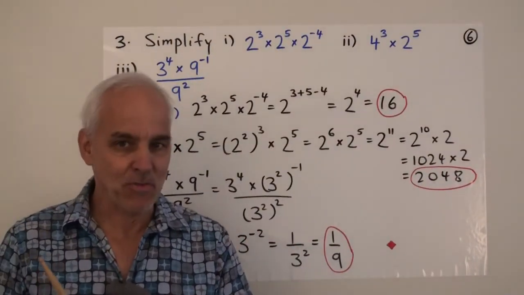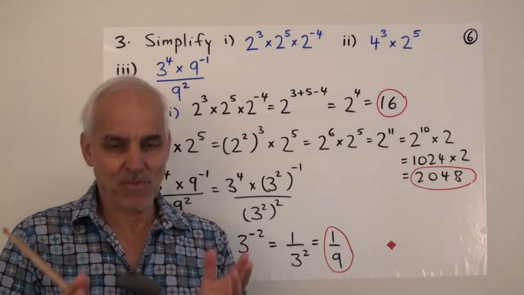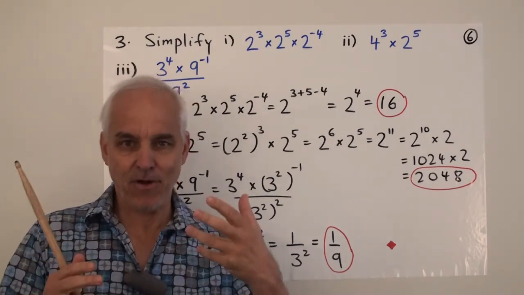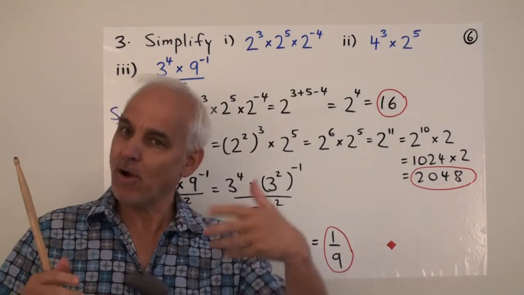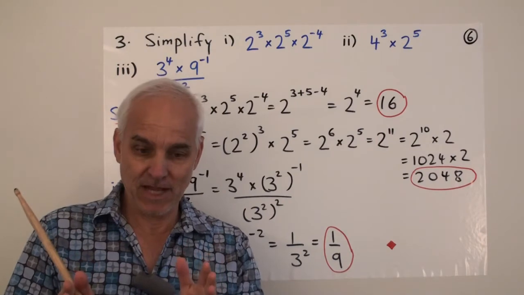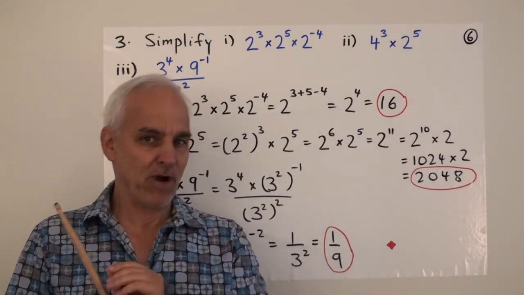Now, inevitably, when we do mathematics, we practice certain kinds of problems, but often we're asked in an actual situation to put things together in a way that's maybe going a little bit beyond the problems we've practiced with. That's why it's really important to have an understanding of what's going on and not rely on rote memorization.